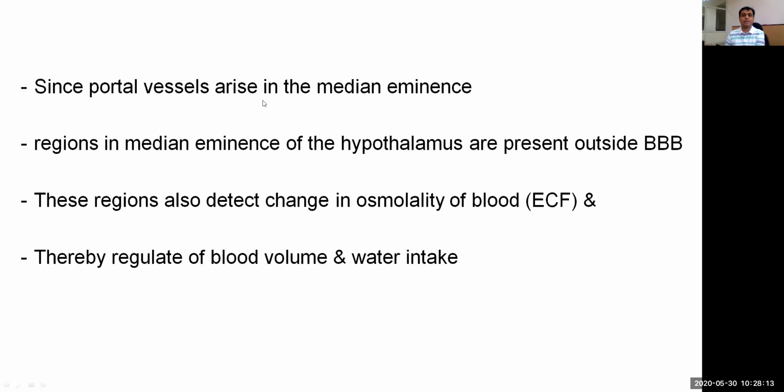Since portal vessels arise in the median eminence, regions in the median eminence of the hypothalamus are present outside the blood-brain barrier. These regions also detect change in osmolarity of blood or the extracellular fluid, and thereby they help in regulating blood volume as well as water intake or thirst.